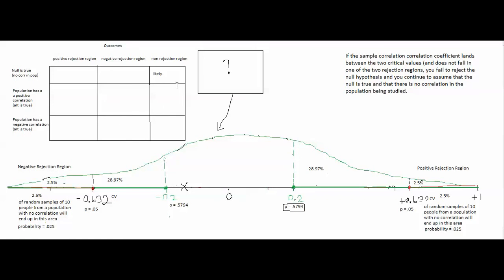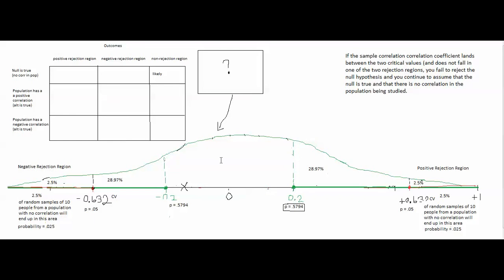So if the null is true and the population has no correlation, the sample is likely to fall somewhere in the middle area in the non-rejection region, because that includes outcomes that are closer to zero.